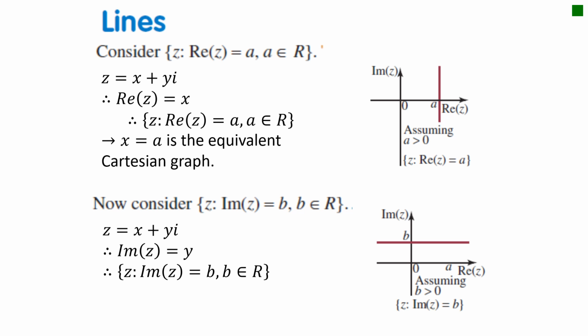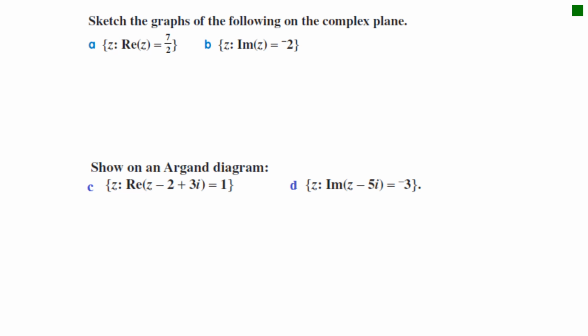So this idea of collecting all complex numbers whose imaginary component is equal to b really is reducible to the Cartesian relationship y equals b. And that's, of course, just the horizontal line going through (0, b). Pretty simple, really. All right, folks, I'd like you to have a go at those 4 simple sketches. Each of them involves a straight line parallel with one of the 2 axes. Have a go now and then resume the podcast when you're ready.